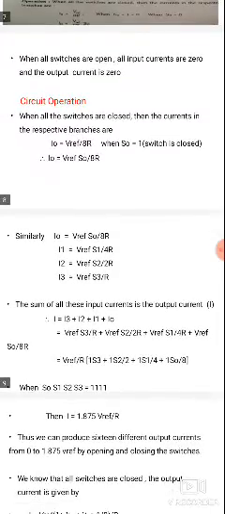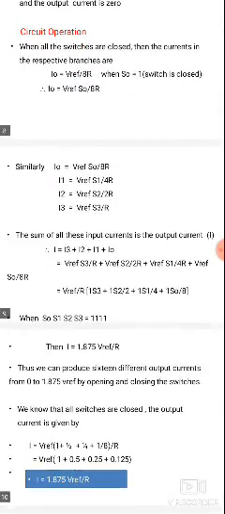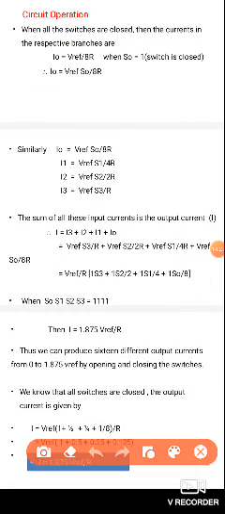Similarly, if switch S1 is closed, the current across the S1 switch is indicated by I1. So I1 indicates the current across switch 1. I1 equals V reference into S1, and across I1 the binary weighted resistor is 4R.